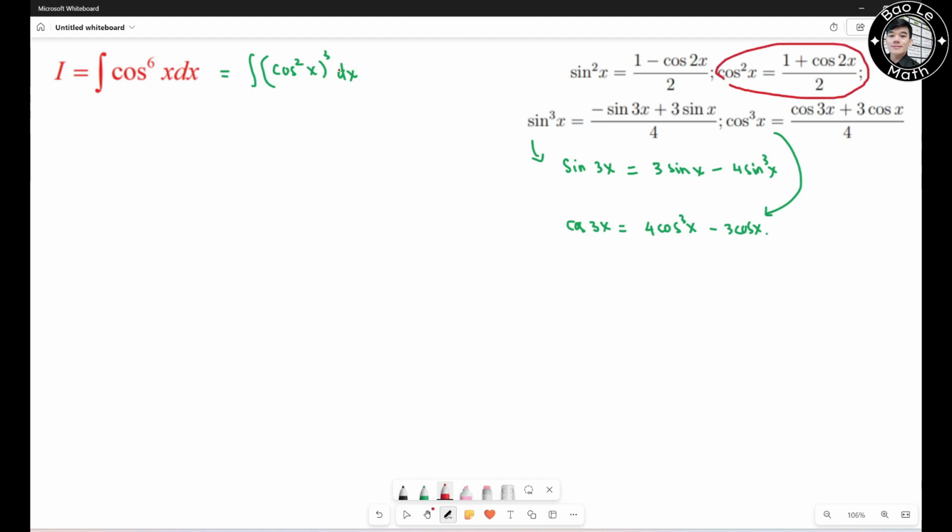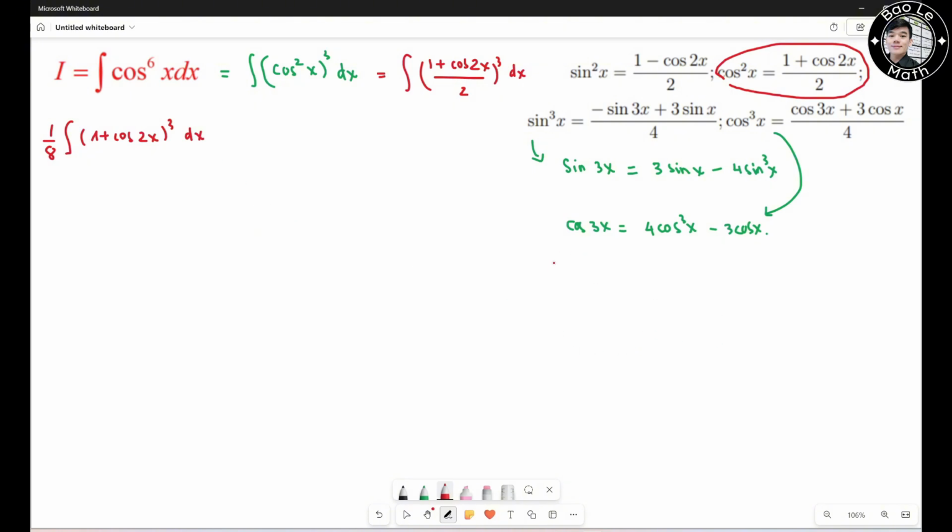Alright, so this guy turns out to be the integral of 1 plus cosine 2s over 2, all together cubed, ds, right? Now I can bring 1/2 outside, so it turns out to be 1 over 8 times the integral of 1 plus cosine 2s cubed ds.